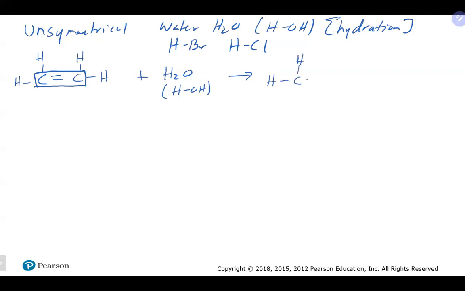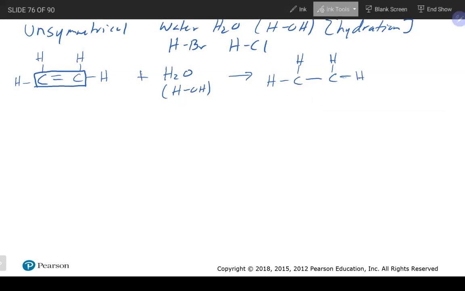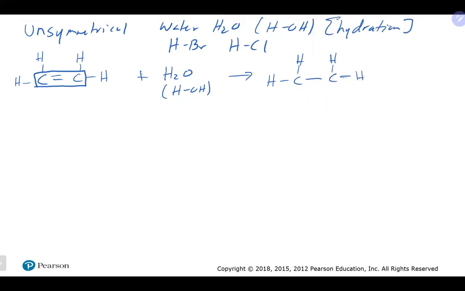Just going to copy it exactly the way it looks. Not going to change anything other than the double bond to a single bond. And then that now leaves room for one carbon to get the hydrogen and one carbon to get the OH here from the addition of water.